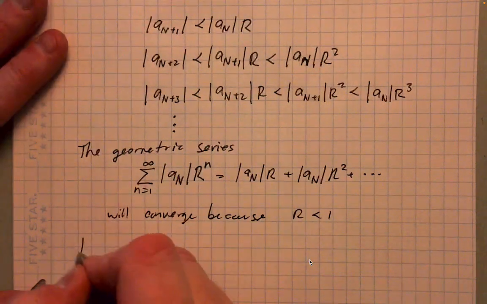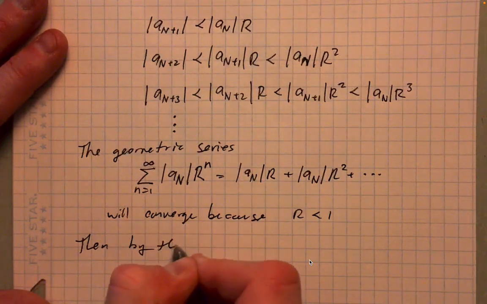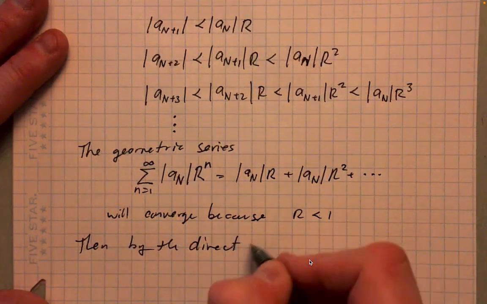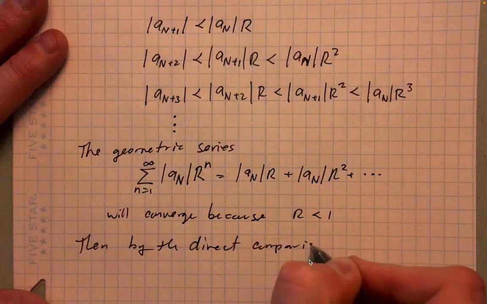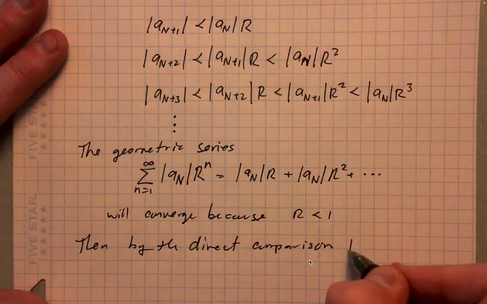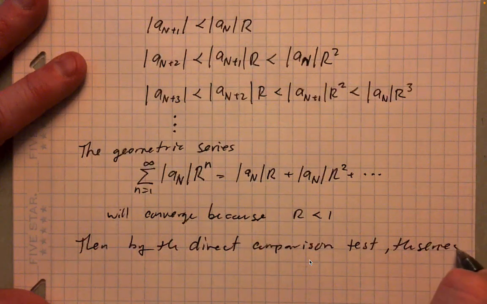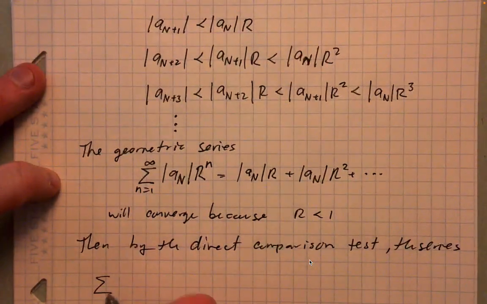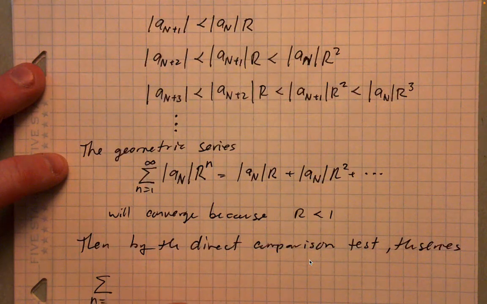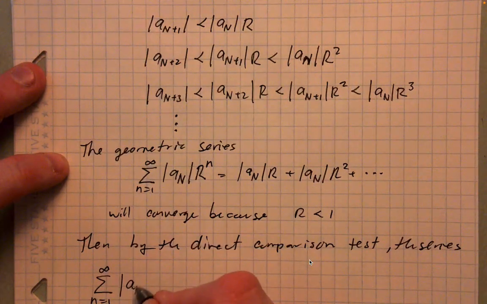All right, so then by the direct comparison test, okay, the series, and here's another one, we got to be really careful here, n equals 1 to infinity of a sub big N plus a little n here.